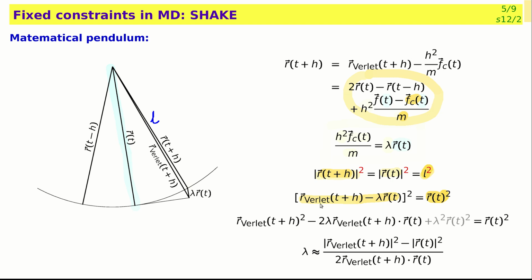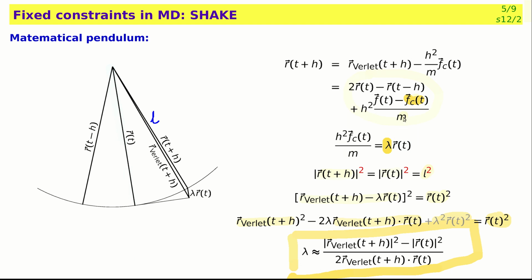The square of this vector is easily calculated using the dot product here, 2 lambda, and a small term here. We can omit it because it's small, then we have to iterate, but we'll see later that we have to iterate for complex models anyway, and if we omit this part, we'll get a very simple formula for the unknown lambda, so essentially for the constraint force.